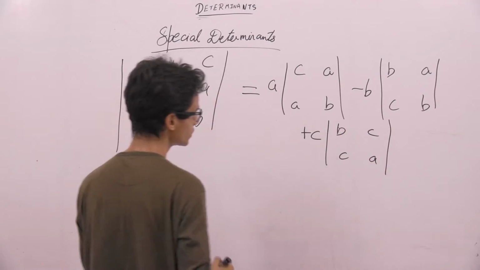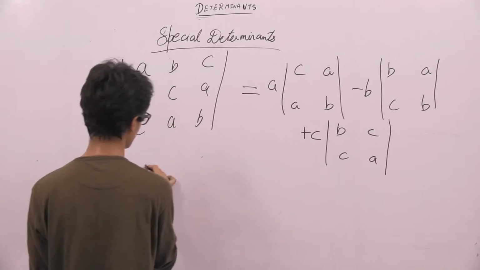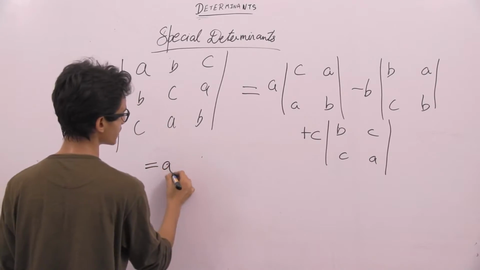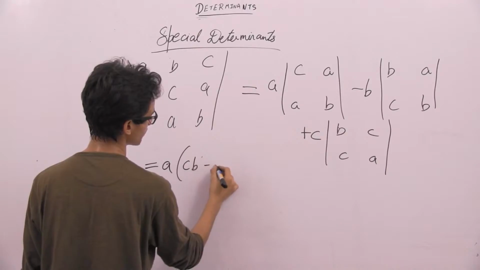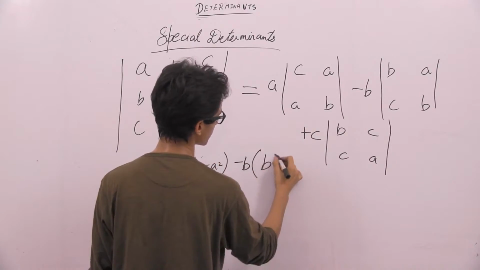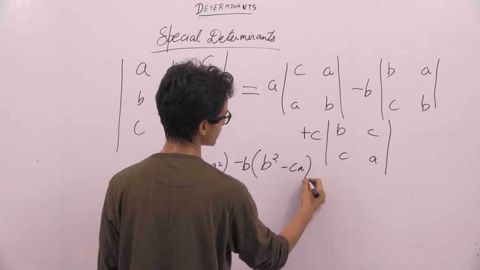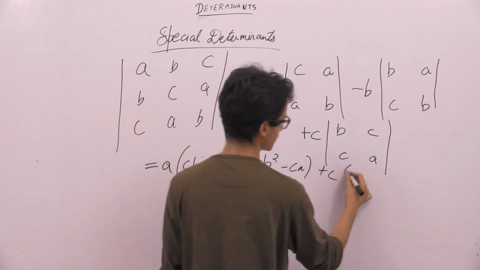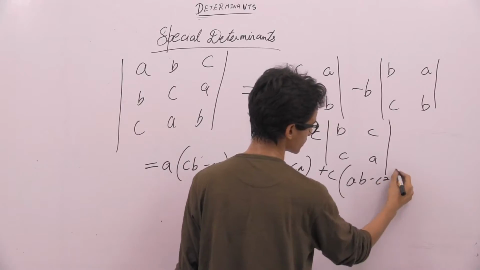Expanding the two ordered determinants, we get A times (CB minus A square) minus B times (B square minus CA) plus C times (AB minus C square).